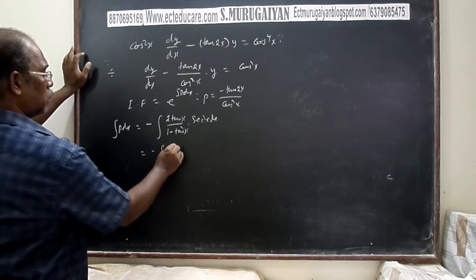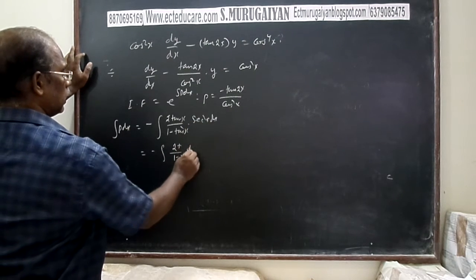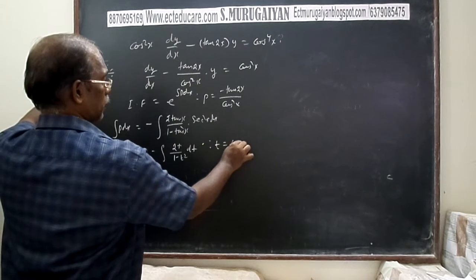So −2t/(1 − t²) dt, since I have taken t as tan x.